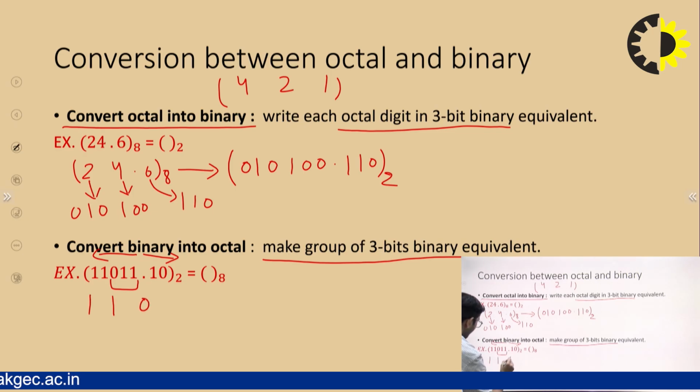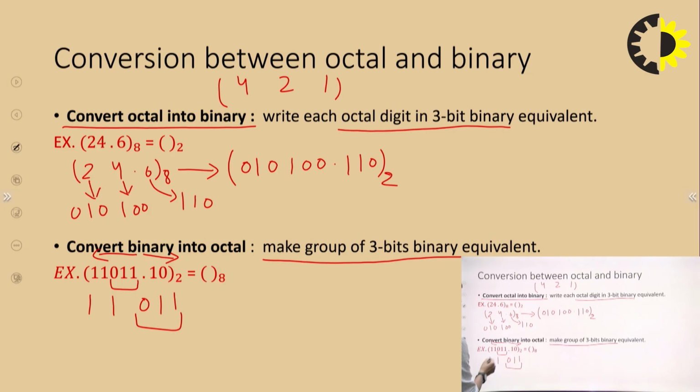This is our original number. We take the pairs of 3 bits, and since only 2 bits are left but we need 3 bits, we append a 0 here. Similarly, on the fractional part, we move from left to right, making the pair from here to here.